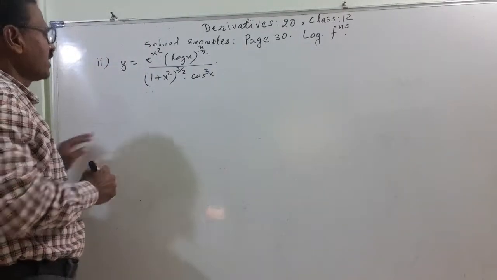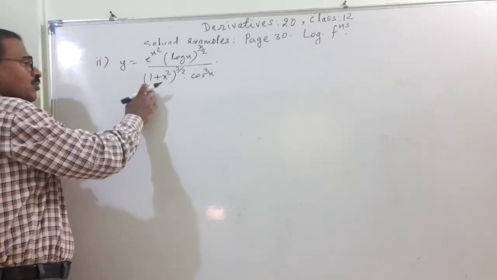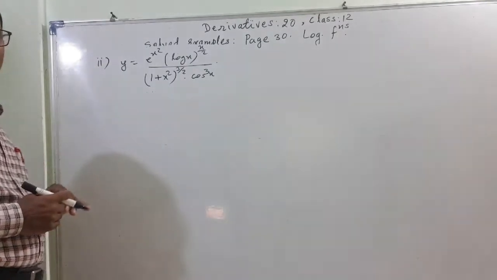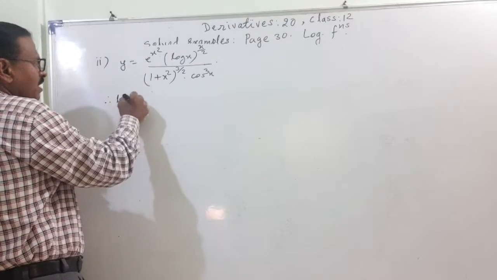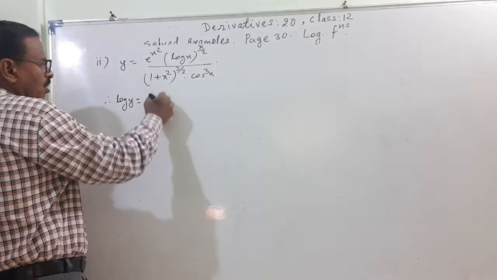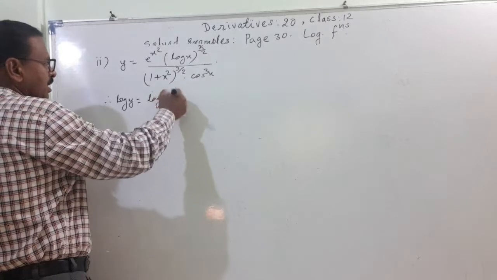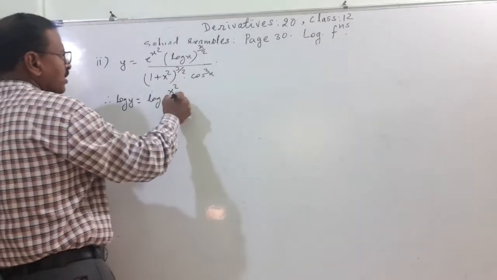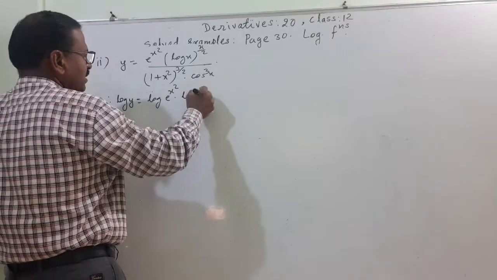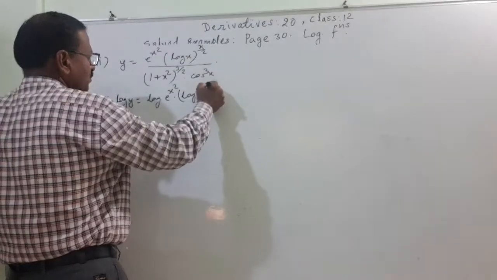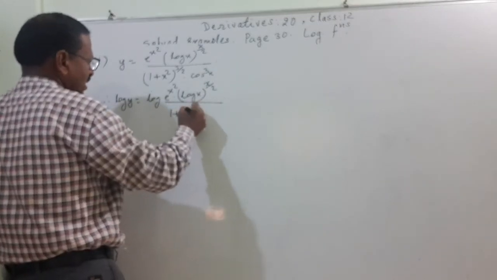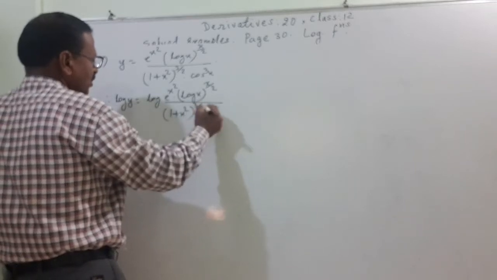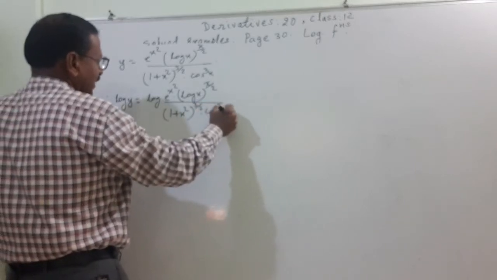So as usual we will take the log on both the sides, taking log to the base e on both the sides. Therefore log of y equal to log of e raised to x square into log of x raised to x by 2 upon 1 plus x square raised to 3 by 2 into cos cube of x, the whole log.